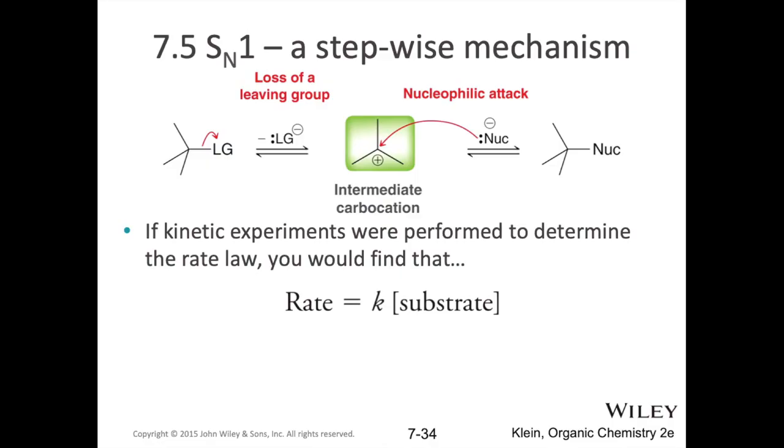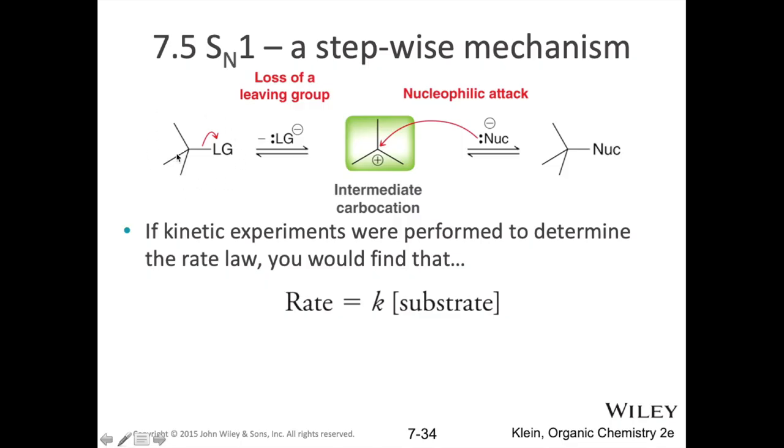That carbon is under the octet rule. It's only got 6 electrons around it. It's got a positive formal charge. It's going to react with a nucleophile relatively quickly, any nucleophiles that are around. So the second step here is relatively quick. It's this first step that is the rate determining step. And that is what we observe. We observe that our reaction is first order with respect to the substrate.